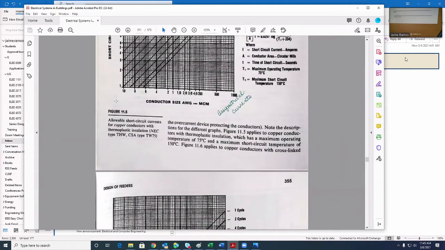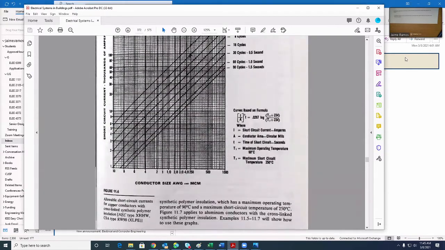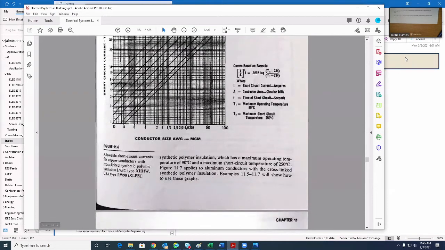Then we have another table. So here is the difference, look. This is a different type of conductor. The insulation now is XHHW.